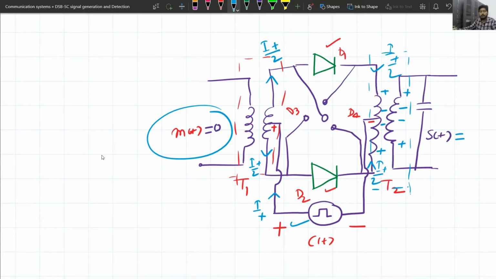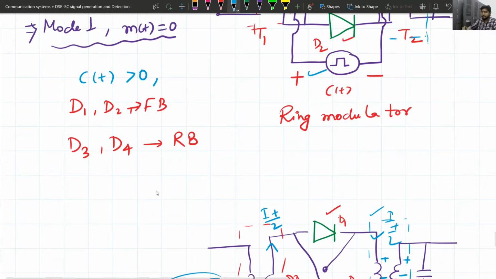So the total voltage available at the output will be 0, because equal and opposite voltages are being generated at the terminals of the transformer T2. This is the case when c(t) is greater than 0.